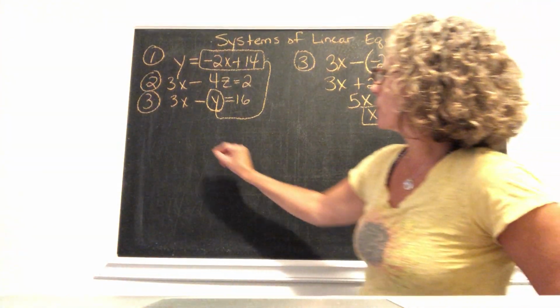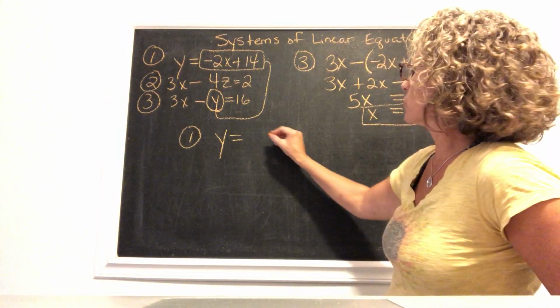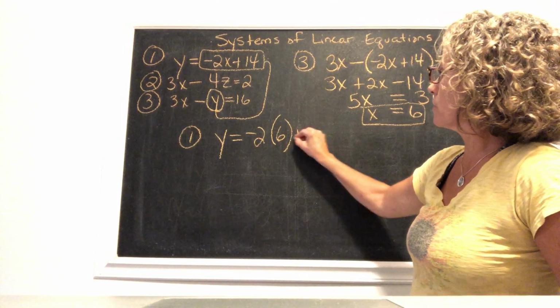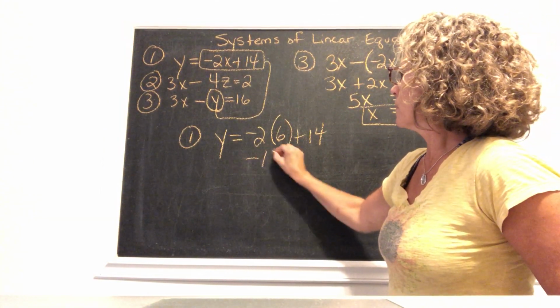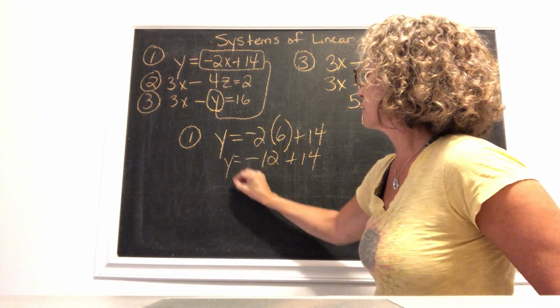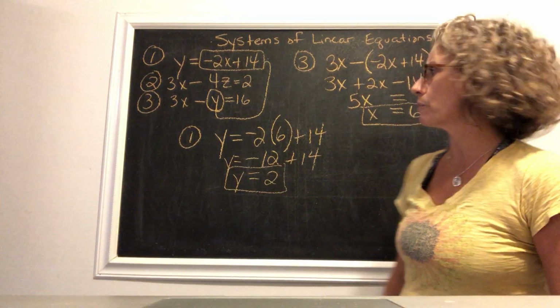So I'm going to just take equation 1, since it's y equals already, and I'm going to substitute x equals 6 in for the value. Add that together, you get y equals 2. Now I have the value of my second variable.